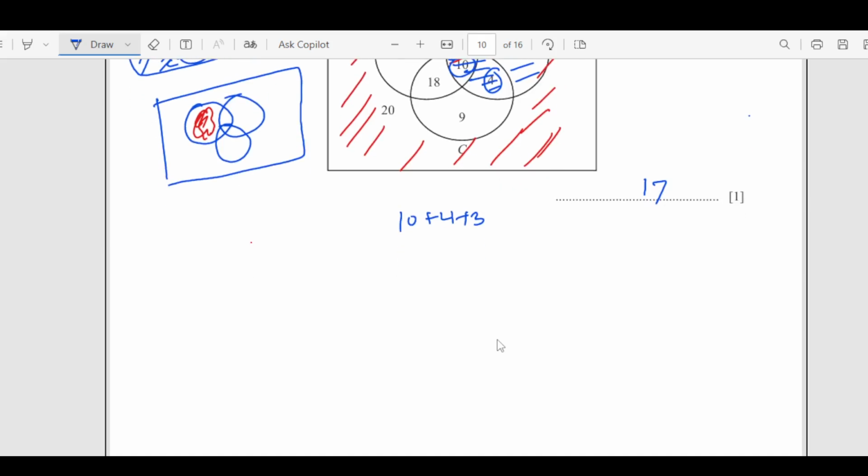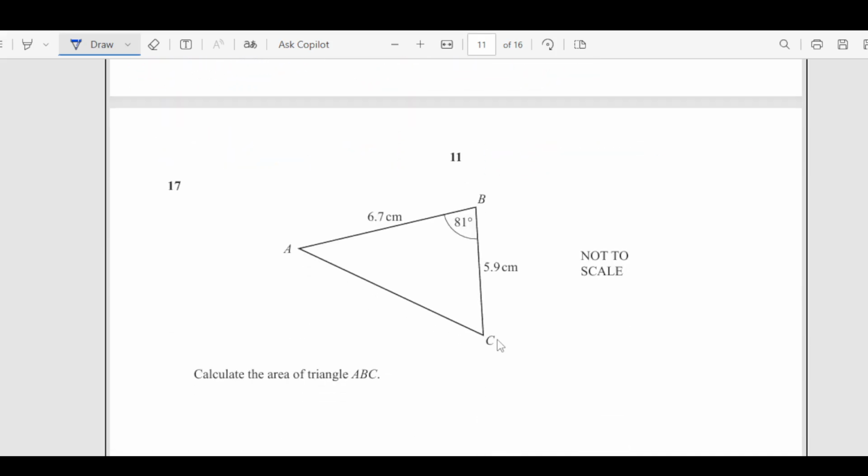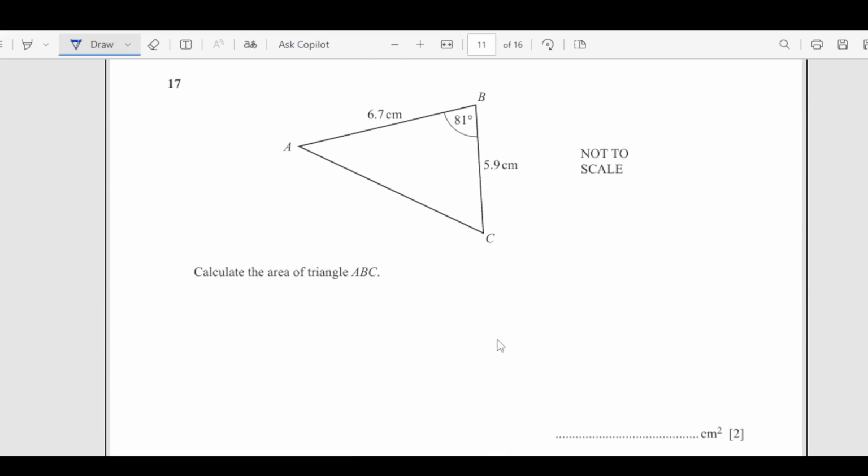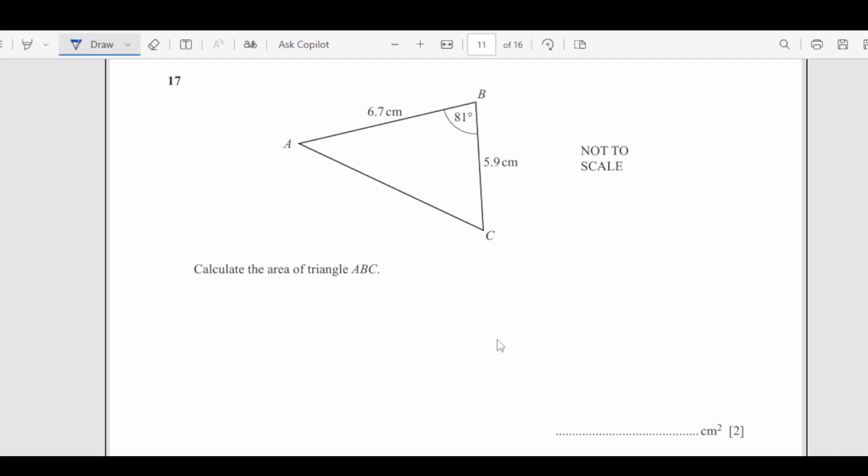Okay. Now the next one, number 17: calculate the area of triangle ABC. Now we are just going to use directly the formula for the area of a triangle, which is half ab sine C, because we have a is this one, b is this one, and this angle we do have.